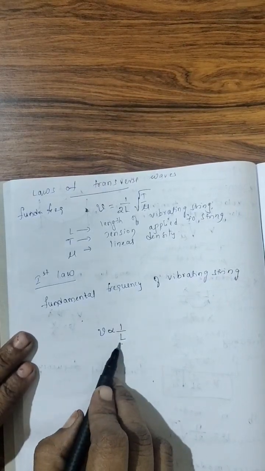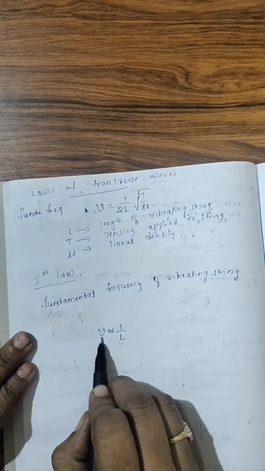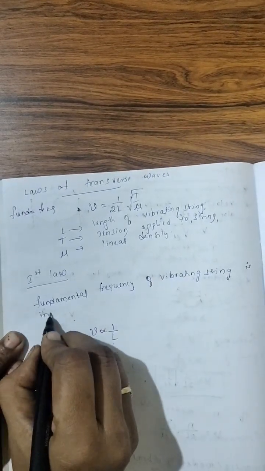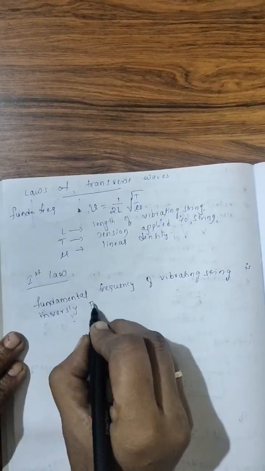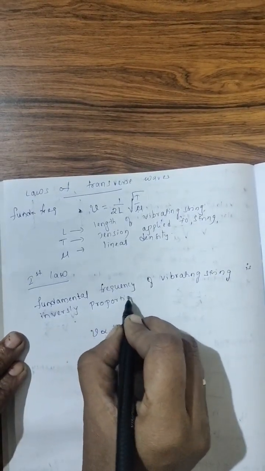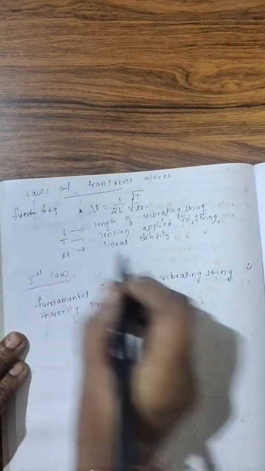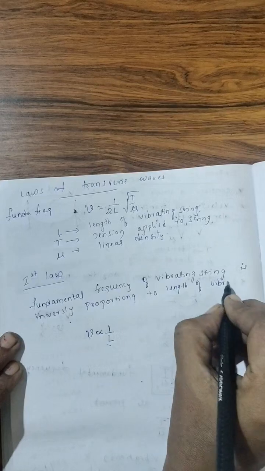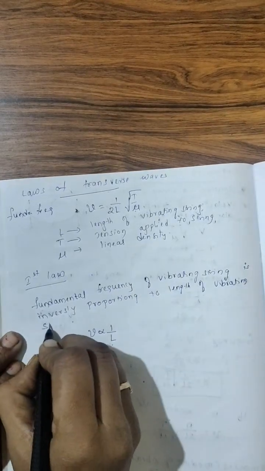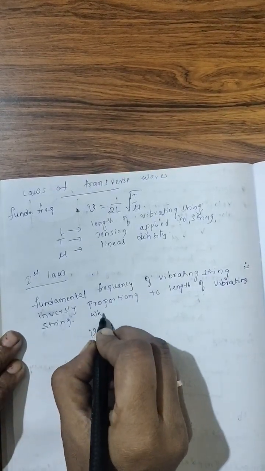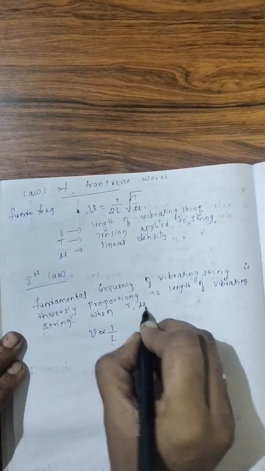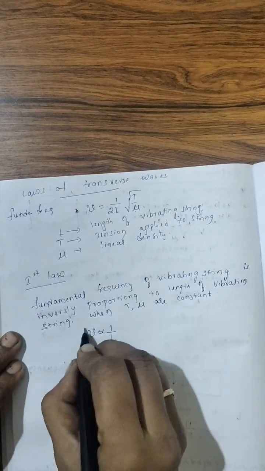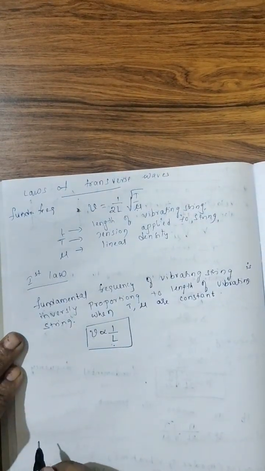Now, L is in denominator, no? So, fundamental frequency of vibrating string is inversely proportional to L, the length of vibrating string. Just write T comma mu are constant. Enough. First law completed. Easy.